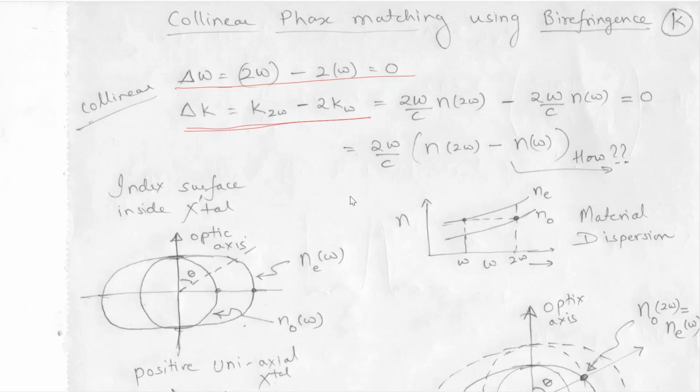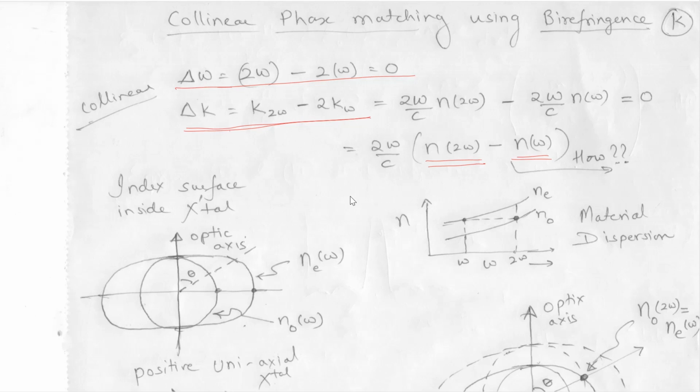What it boils down to is there is always going to be a difference between the refractive indices at 2 omega and omega. So how does one actually ensure that these two refractive indices are the same, given that intrinsically all real media, linear or nonlinear, are actually intrinsically dispersive? So how does one do it? I'm going to quickly indicate to you how this is done.